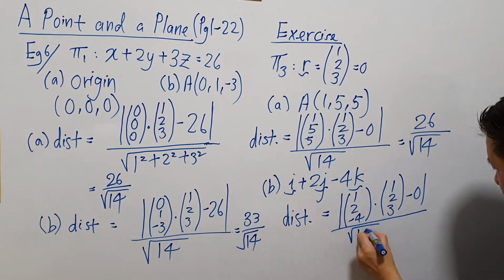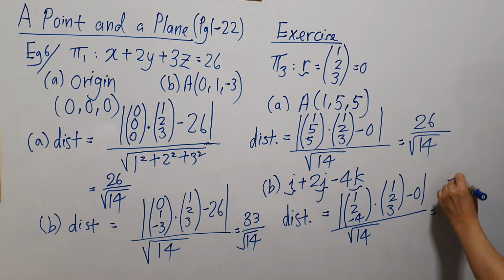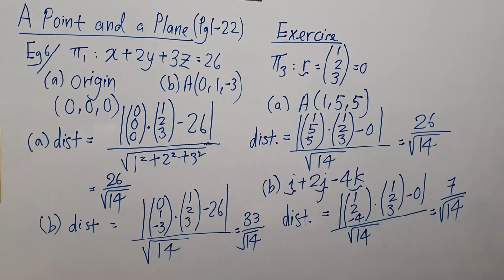Square root 14. And this gives you minus 12 plus 4 minus 8. Okay, I can't count. This is minus 7, so 7 over square root 14. Alright, and that completes our example 5 and example 6 and the exercise beneath.